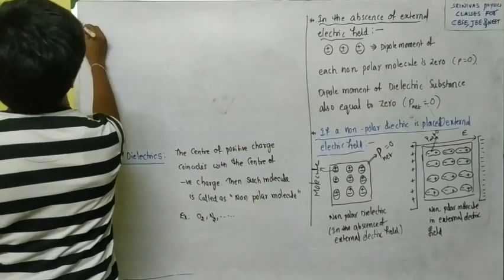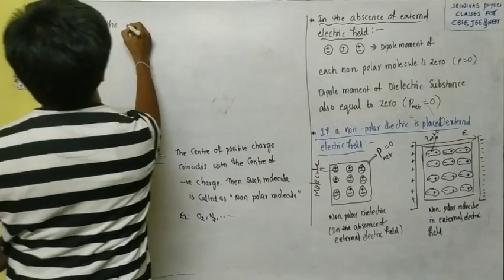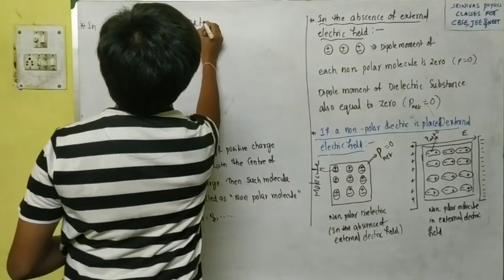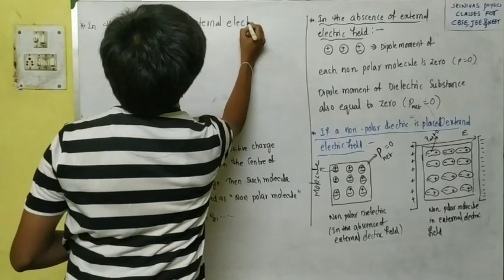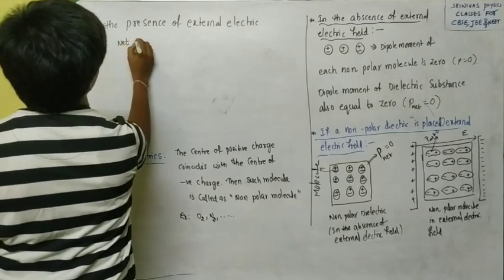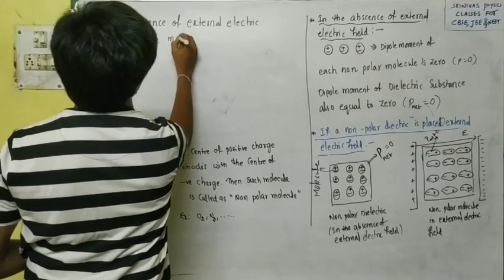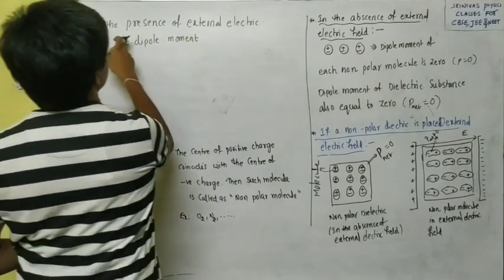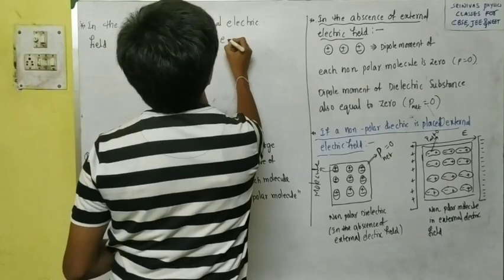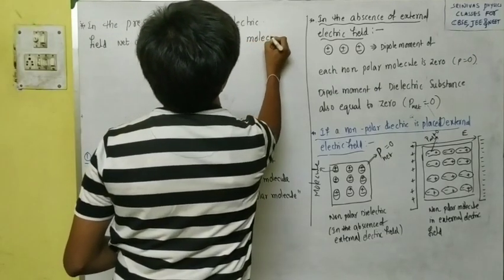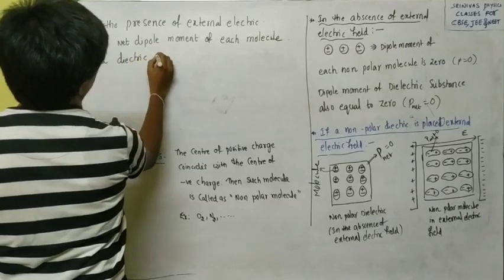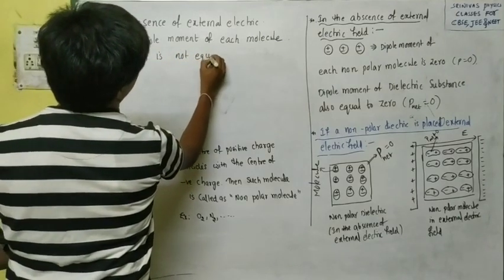We write the conclusion: in the presence of external electric field, net dipole moment of each molecule and dielectric is not equal to 0.